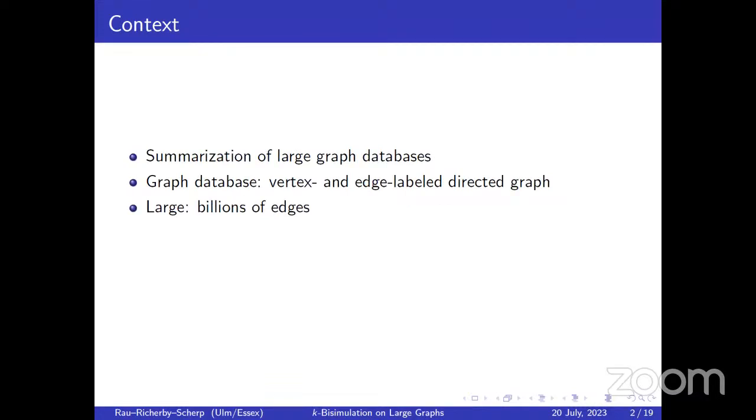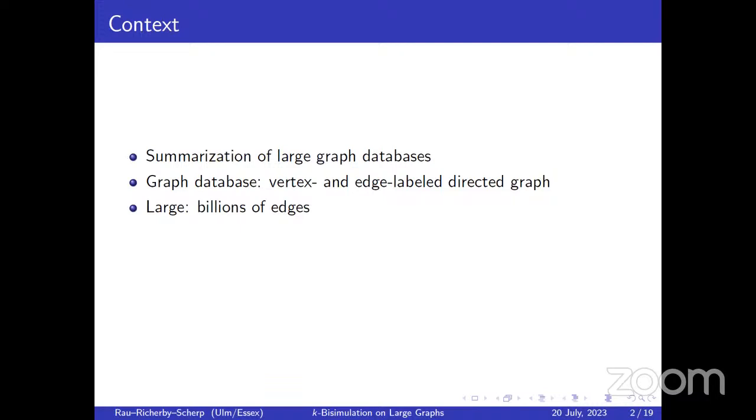So the context is that we are interested in summarizing large graph databases. We had a couple of talks this morning mentioning graph databases. Essentially, from the point of view of this talk, you can imagine that a graph database is just a graph, and the vertices and edges have labels, which we'll use to store the data.